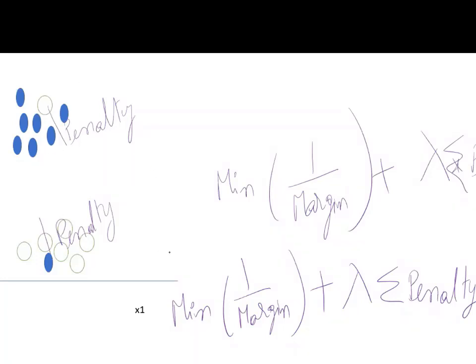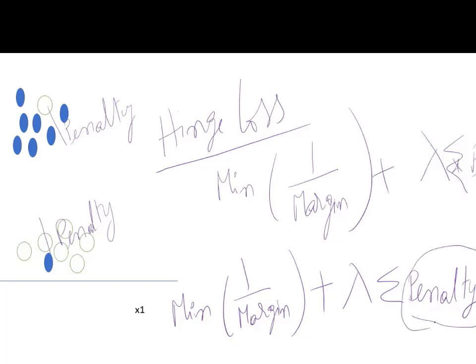Now, right here, we call this hinge loss. What is meant by hinge loss? Hinge loss is this penalty. How do we calculate this? Very simple. The hinge loss of a point is 0 if it is right.